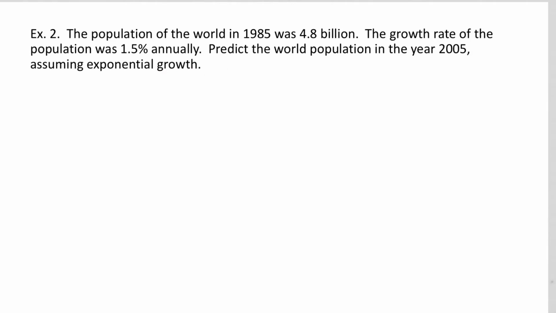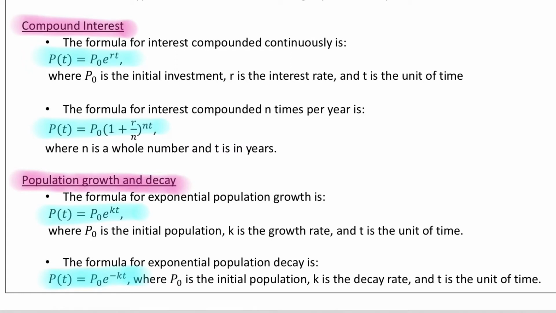So we're modeling exponential growth of a population. Let's go back and look at our formulas. I can see that for population growth and decay, this one would be growth because it has the positive k, and this one would be decay because it has the negative k. So this is the equation we're going to use.